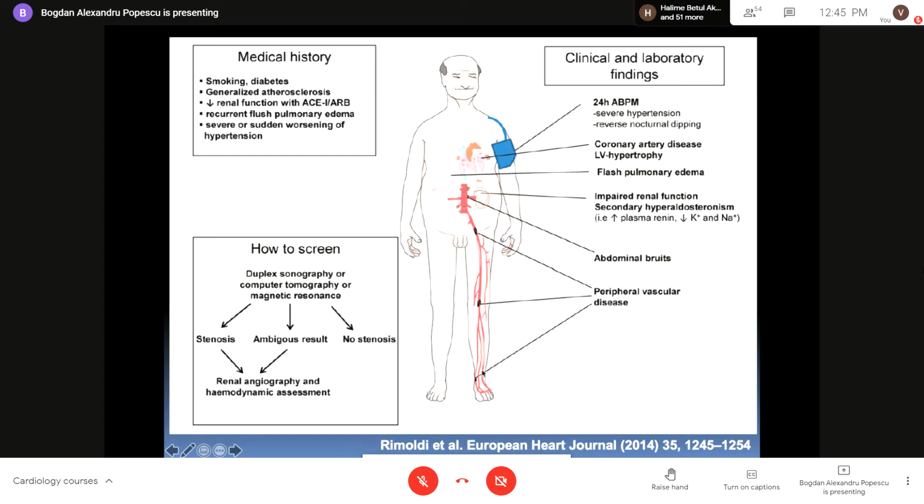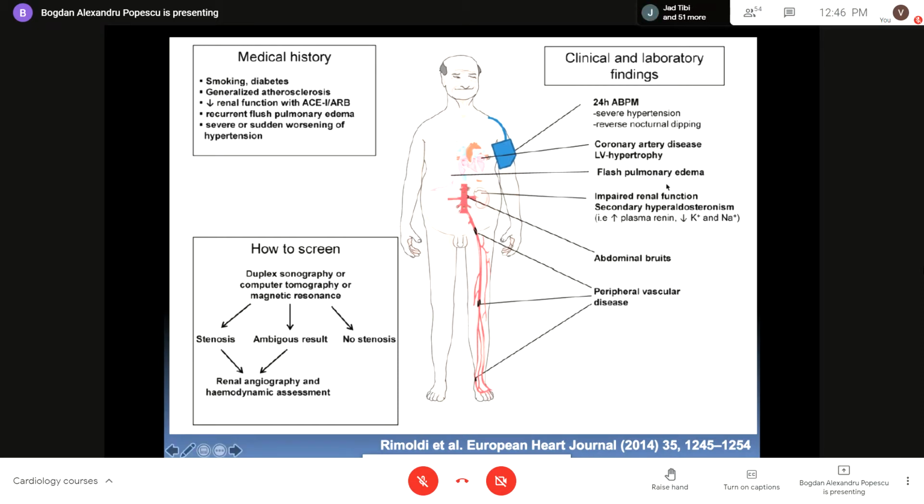Sometimes you also find other features of atherosclerotic disease. You see the patient has severe hypertension. We discussed yesterday about reverse nocturnal dipping. So these patients may be non-dippers, they may actually have increased blood pressure values at night.